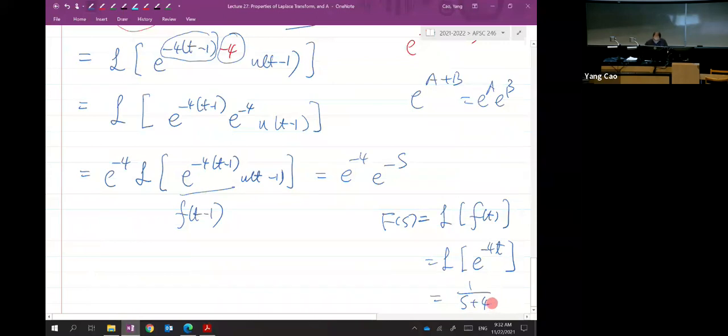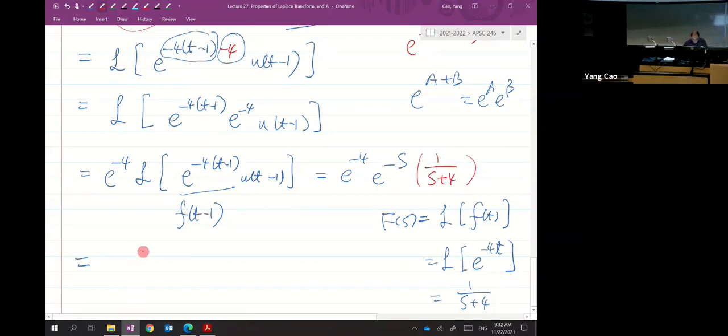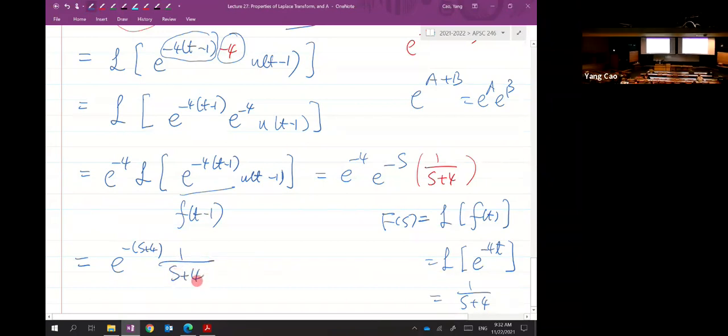So overall, the result, you multiply by 1 over s plus 4 added here, and that's your F of s. Sort things out a little bit, so you will get e to the power negative s, and then 1 over s plus 4.